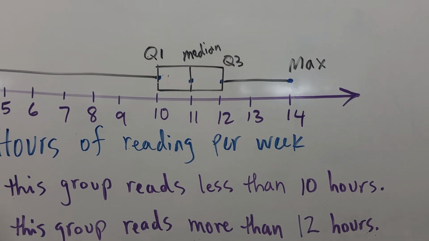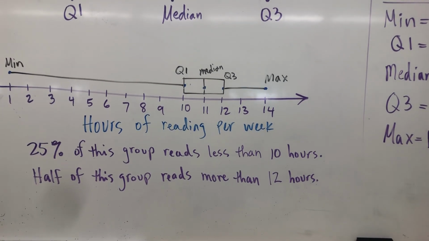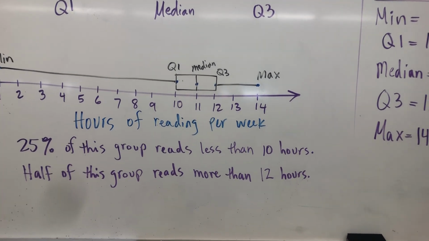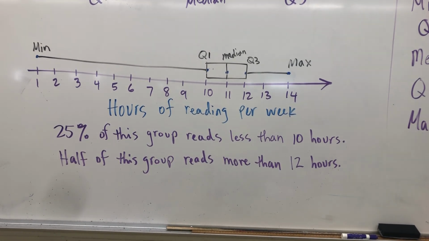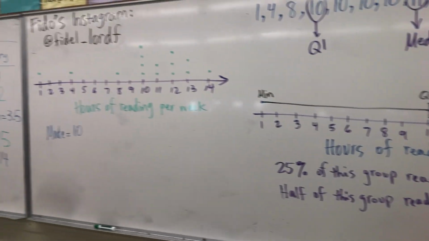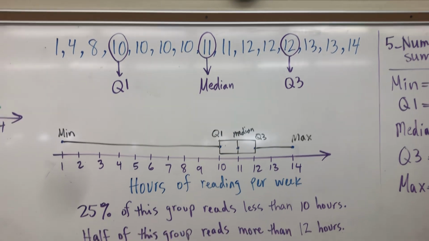And once we are at the median, that's half of our data on the left side and half on the right side. So we can change the 12 to 11 to make it a true statement. So this is using a dot plot to create a set of data, and then use that to create a box plot.